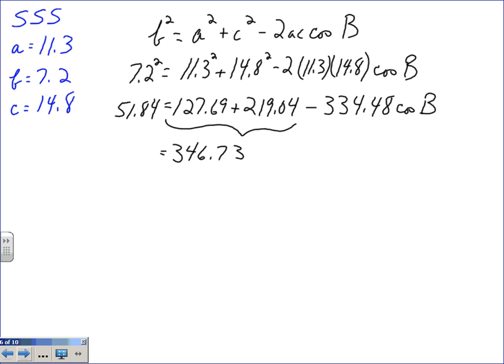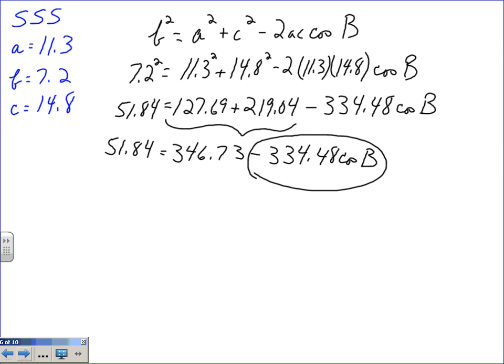Please check that. Is that right? Minus 334.48 cosine B. Do not make that subtraction. This is all one term here. That's all one term. And they're not like terms.